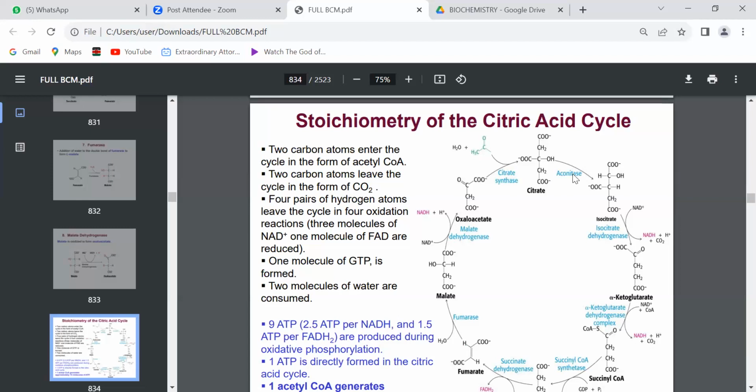So from pyruvate, it's converted to acetyl-CoA, which enters the TCA cycle.